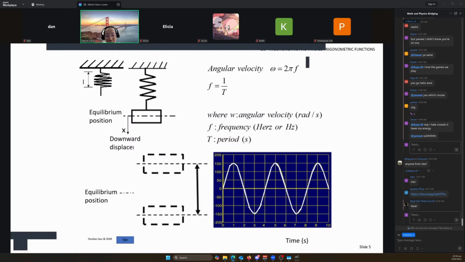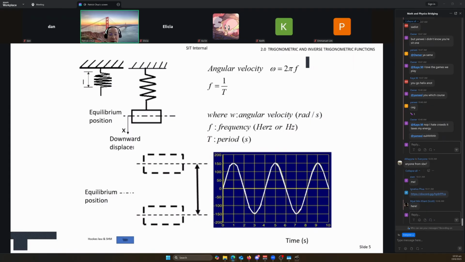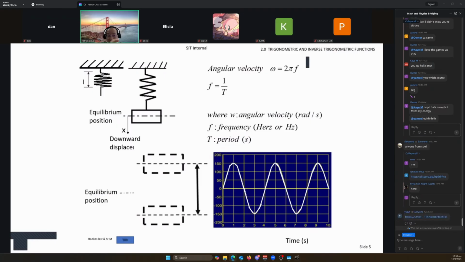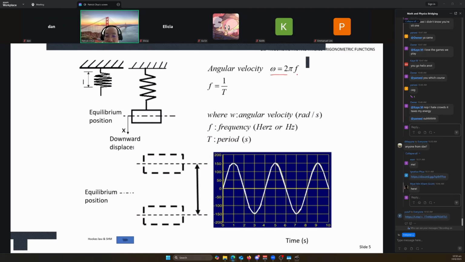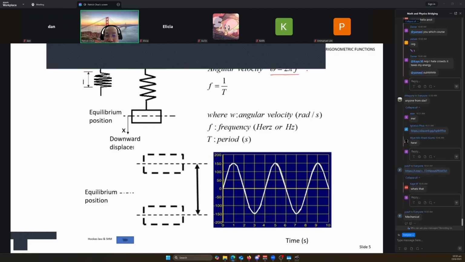Like in the video, you have the red sphere going round. As the red box oscillates, the red sphere will accompany the red box, and the red sphere will go around with an angular velocity omega. So angular velocity omega is equal to 2 pi frequency. Okay, so frequency F is in hertz.